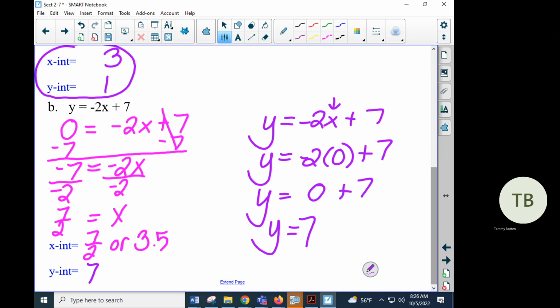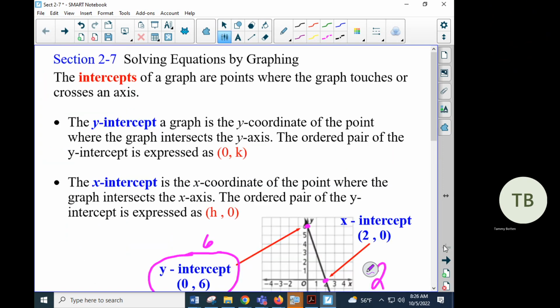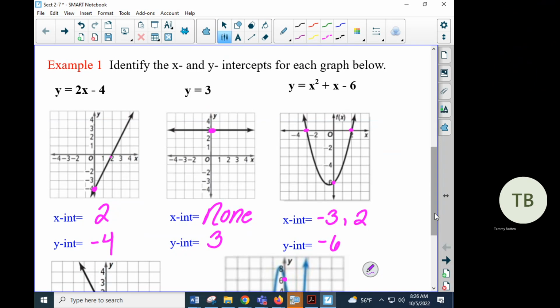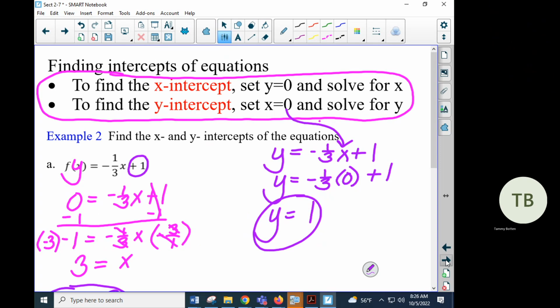Okay, so if you didn't realize that was in slope intercept form, you can put 0 in for x and solve for y. So far we learned two different things. If they were on the graph, that was pretty easy. We just looked where they crossed the axes. Then they gave us an equation and we had to find the x and y intercepts.